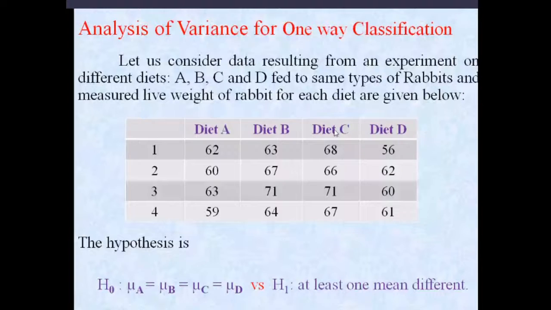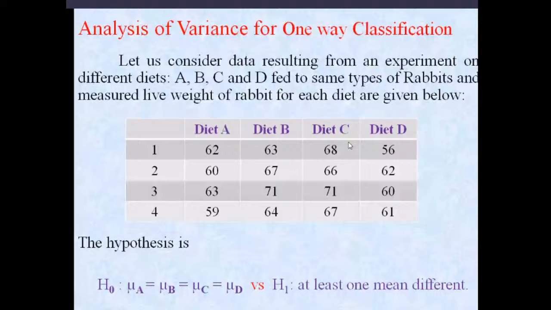The weights are measured after feeding a particular diet for some 10 or 15 days. So these are the observations given. Now I want to test whether the average weight is the same or not, that is, whether due to diets there is no change in the weight.